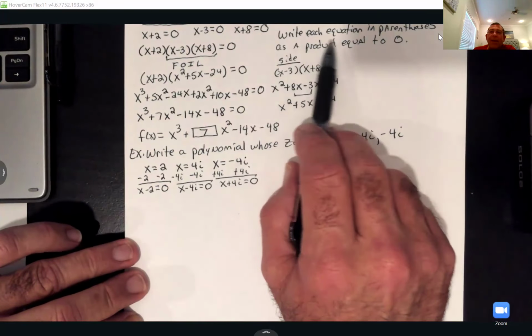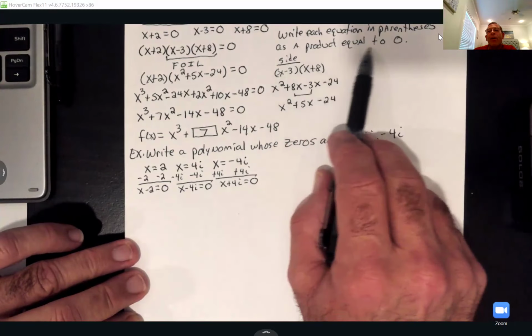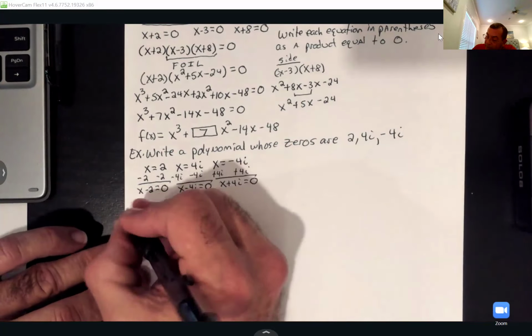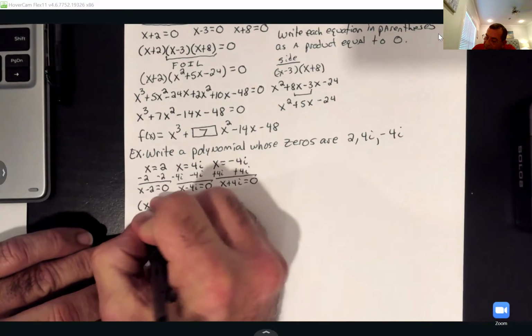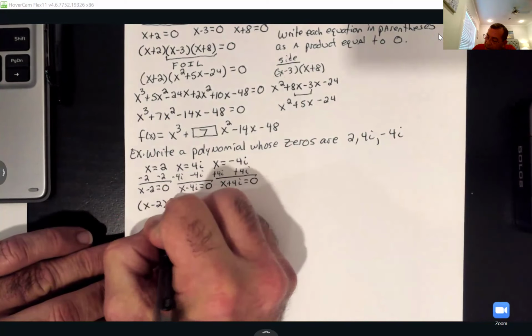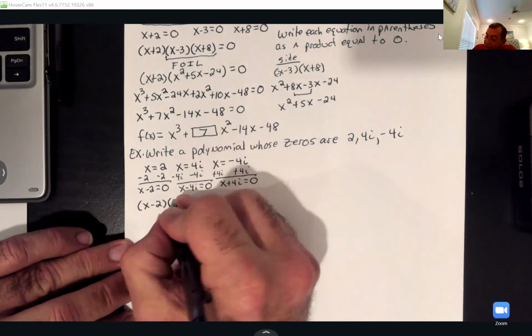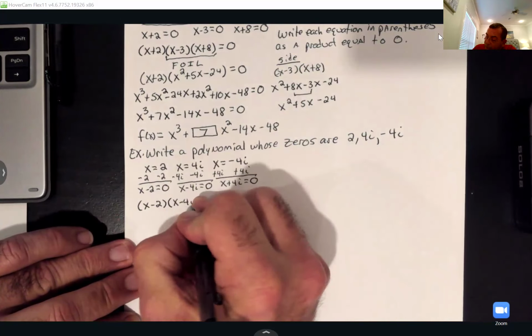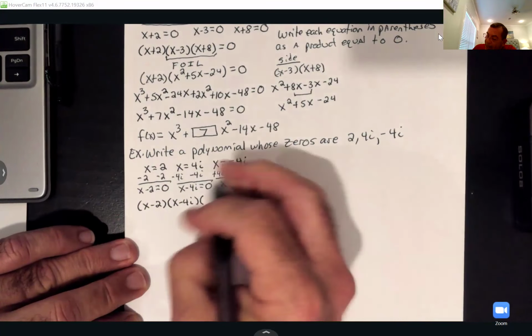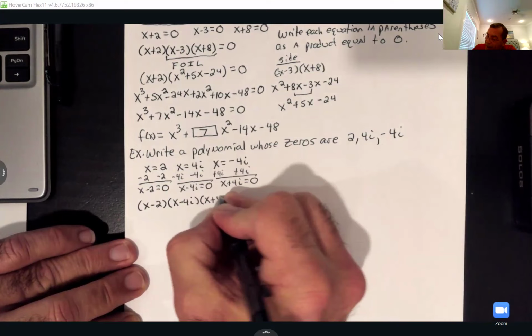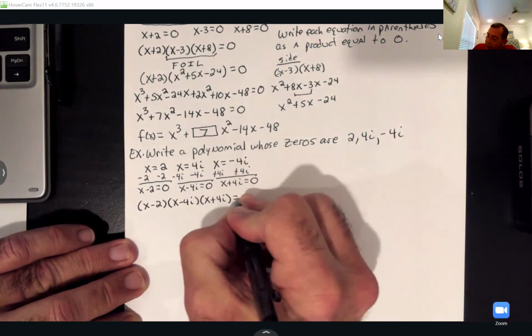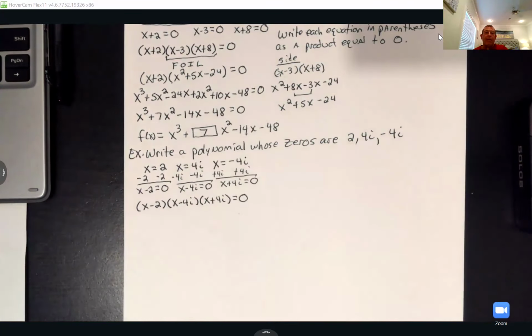So now I'm going to write them in parentheses as a product equal to 0. So x minus 2 times x minus 4i times x plus 4i, and those will all be equal to 0.